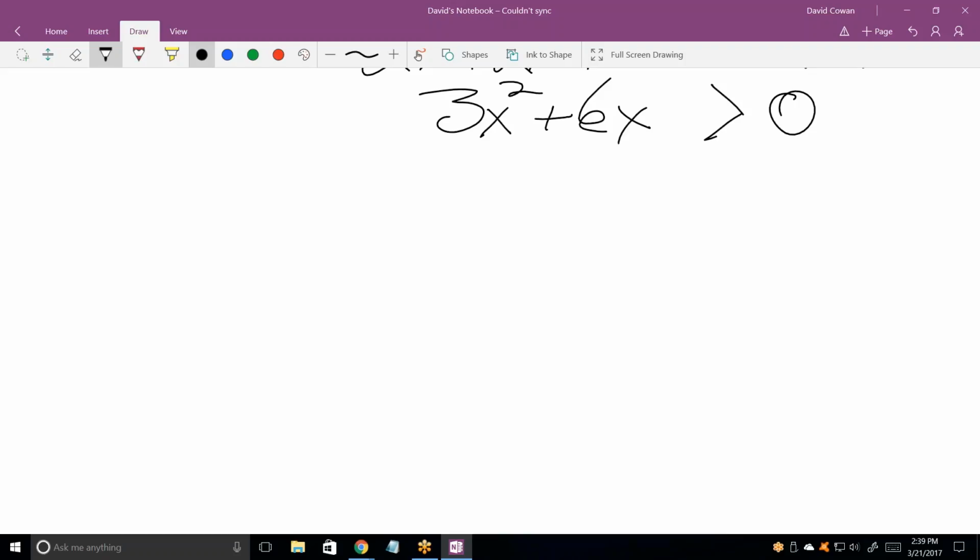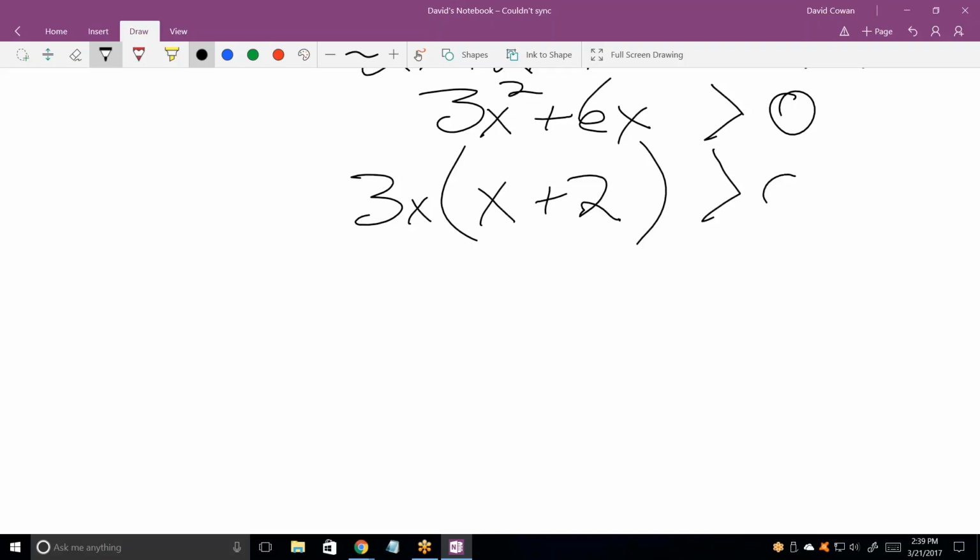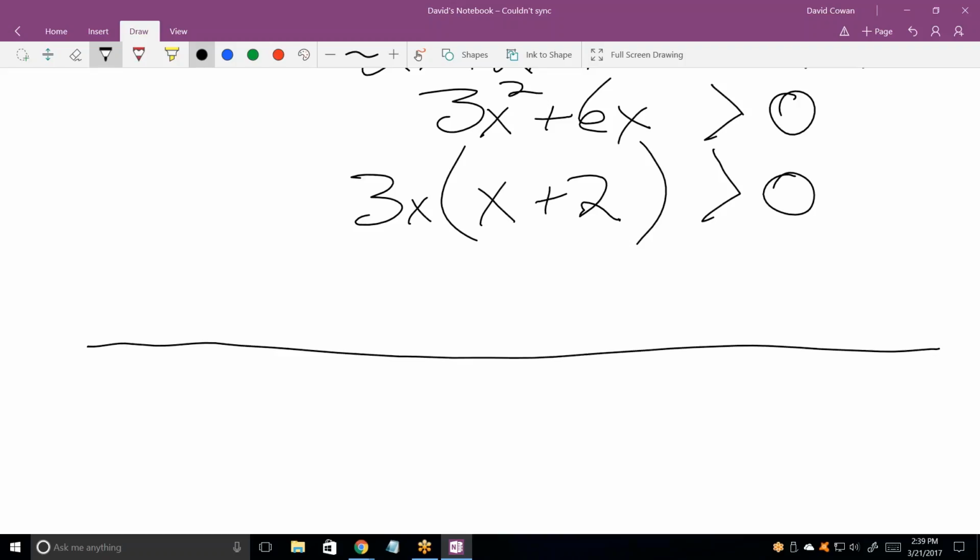So what's the greatest common factor here? 3x. What's left over? x plus 2. Okay. Now, the way you solve the product of two variables being greater than or less than 0 is with a line chart. And the first thing you need are the critical points of this function. What are they?